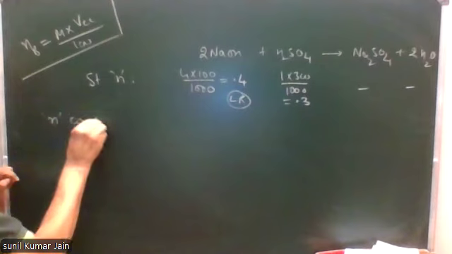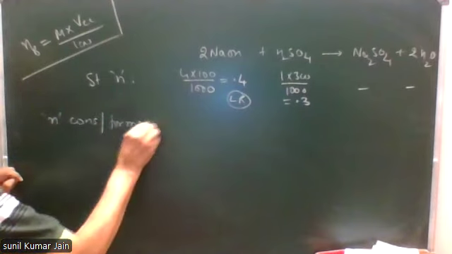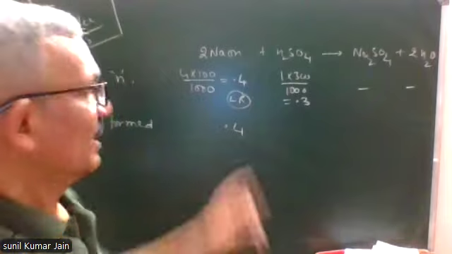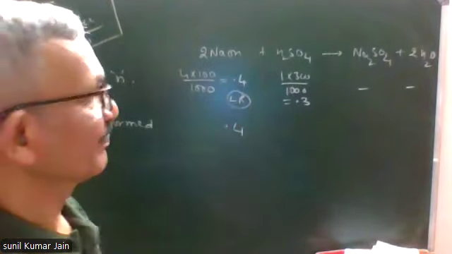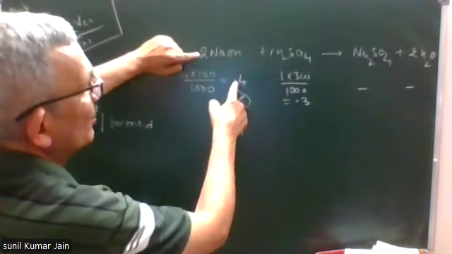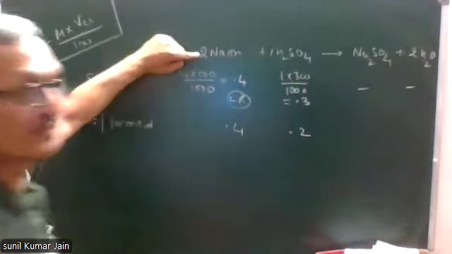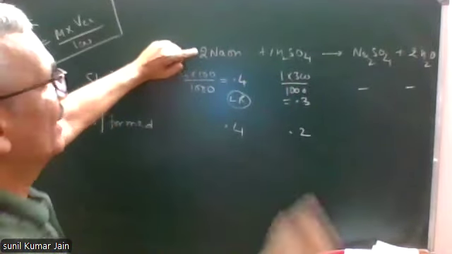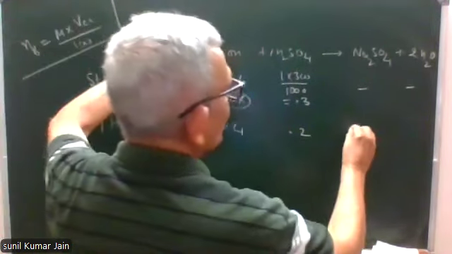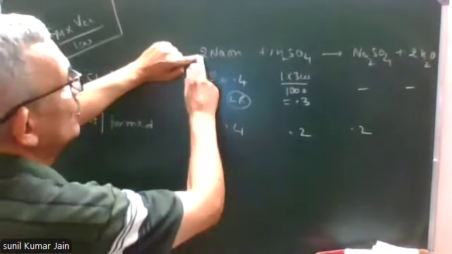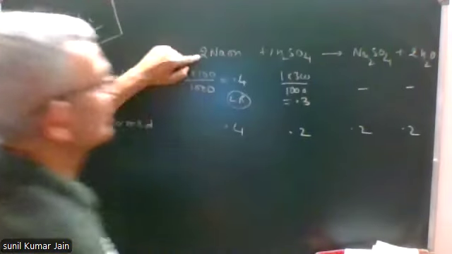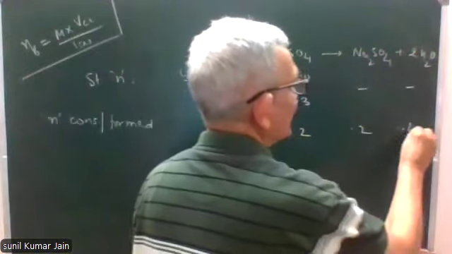Number of moles consumed and formed. NaOH will be completely consumed because this is a limiting reagent. 0.4 out of 0.4 consumed. Now calculation: 2 moles will consume 1, 0.4 will consume 0.2. Simple unitary method. 2 moles will produce 1, 0.4 will produce 0.2. 2 moles will produce 2, 0.4 will produce 0.4.